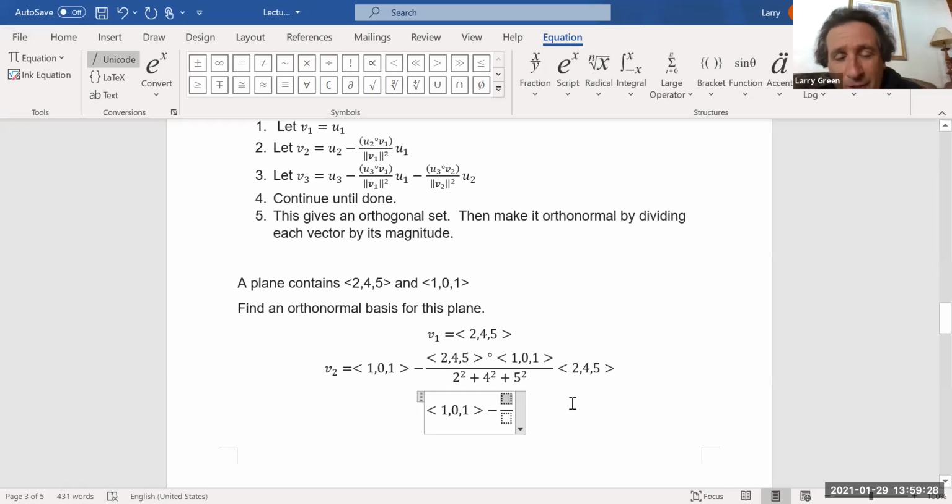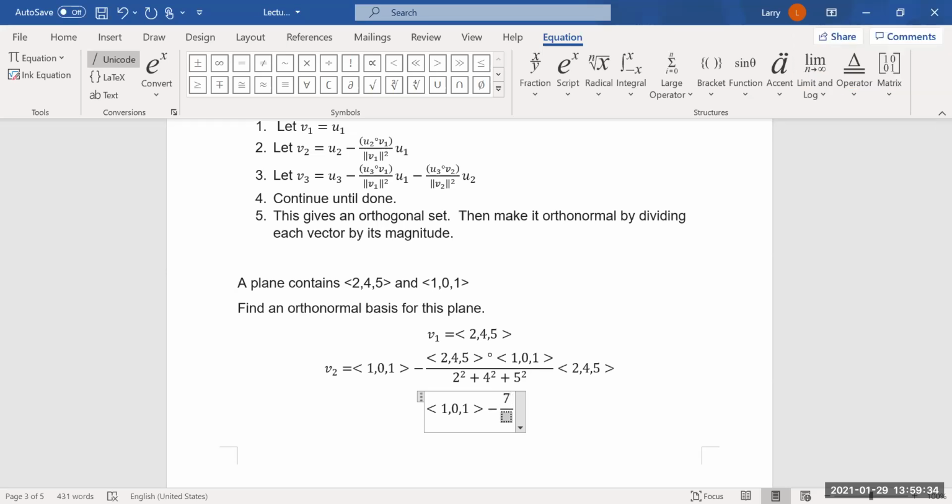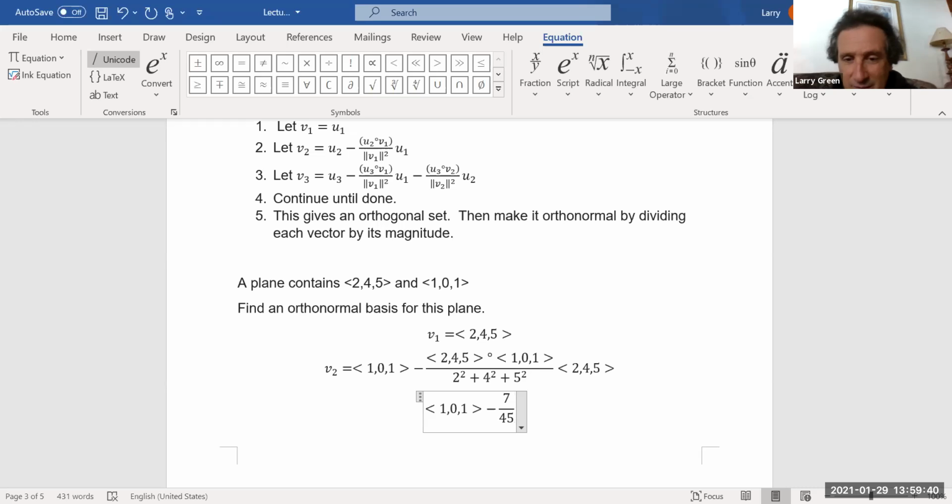What's 2, 4, 5 dotted with 1, 0, 1? 7. Yep, 7. And then 2 squared plus 4 squared plus 5 squared is 4 plus 16 is 20 plus 25 is 45, as you mentioned. And then times 2, 4, 5. Any questions on that?